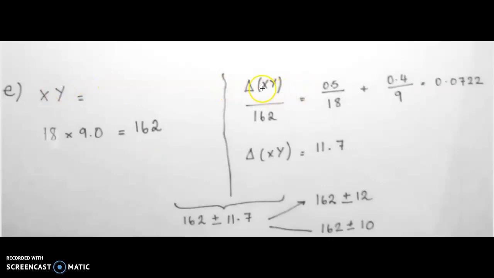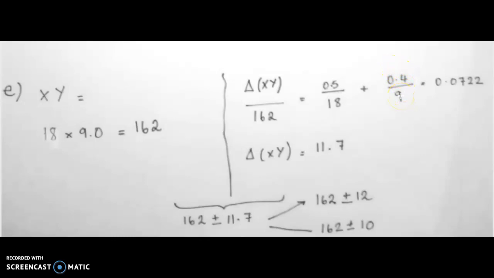And now let's do the uncertainty in xy. Fractional uncertainty in xy, which is delta xy over 162, because that's actually the value of xy, would be equal to the fractional uncertainty in x, which is 0.5 over 18, plus the fractional uncertainty in y, which is 0.4 divided by 9.